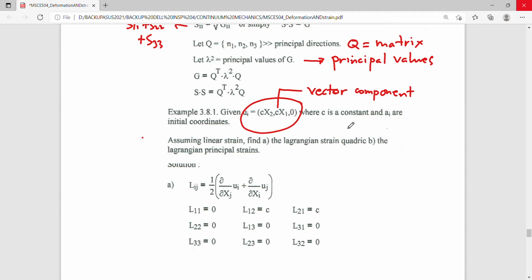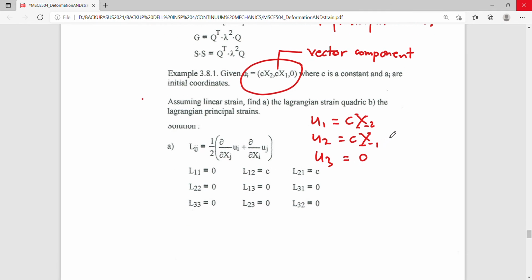So we can now say that u1 is simply equivalent to cx2, and u2 is simply equivalent to cx1, and u3 is 0. Such that if I make use of my derivative, this is in the Lagrangian description.